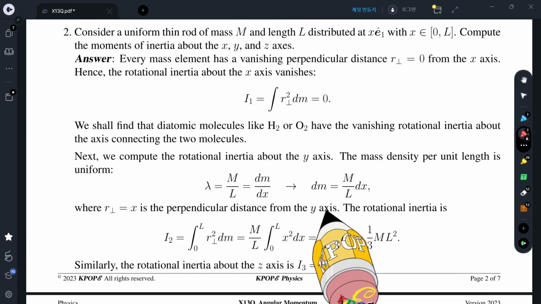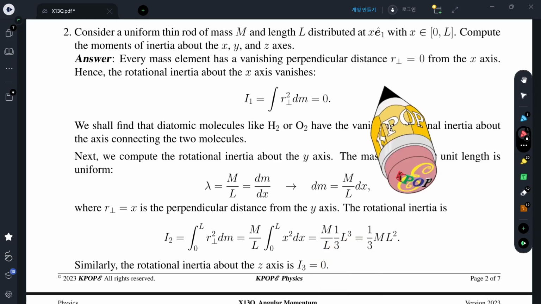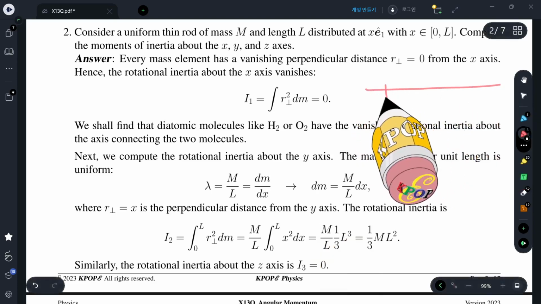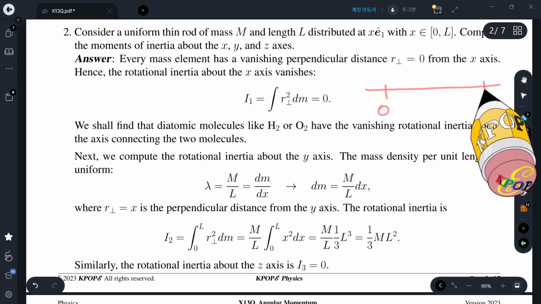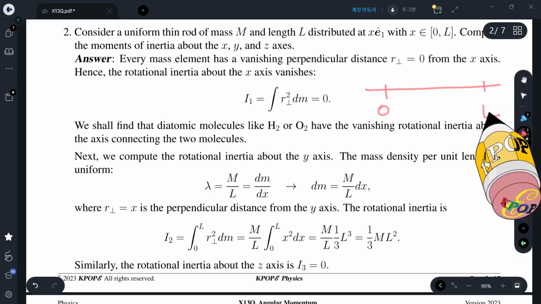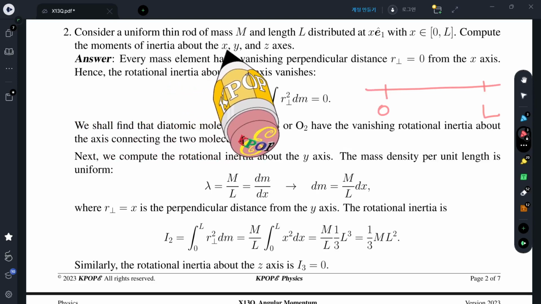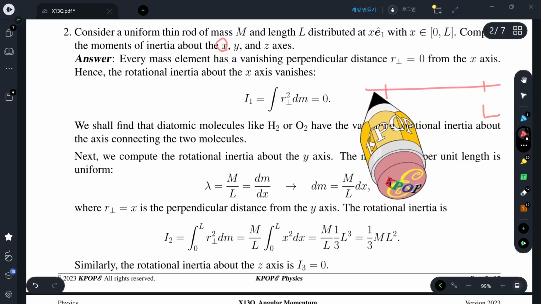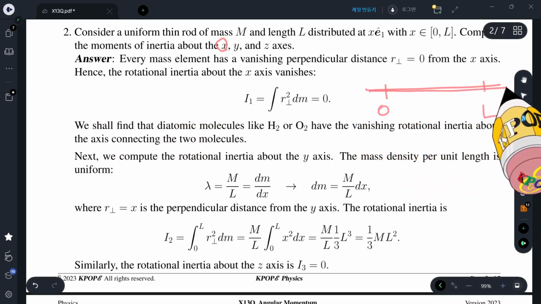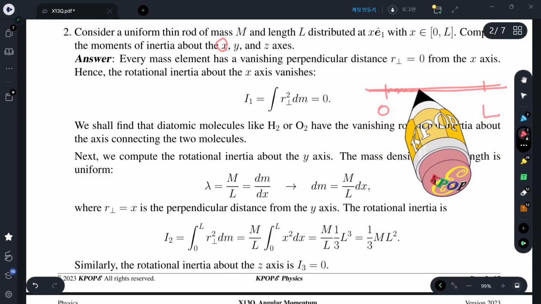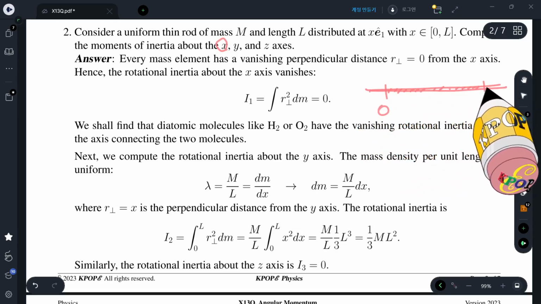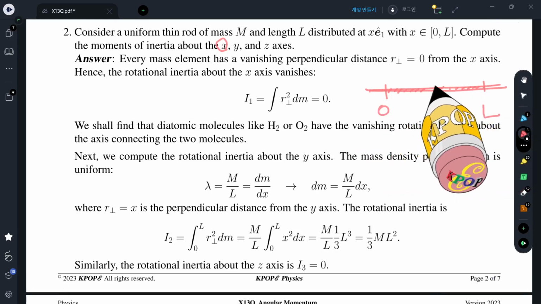Consider a uniform thin rod of mass m and length L, distributed along the x-axis from 0 to L. Compute the moment of inertia about the x-axis first. All of the mass of the particles is distributed along the x-axis.